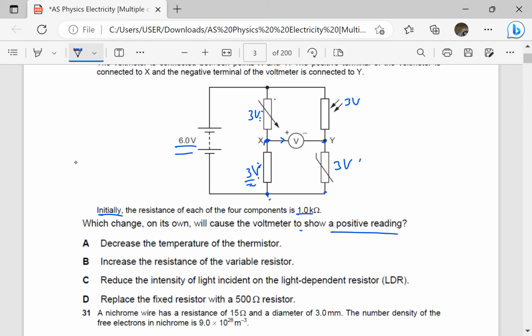That means the potential difference here should decrease. And if the potential difference here is to decrease, the potential difference here should increase. How do I increase PD across this? It is by increasing the resistance there, because this is a light-dependent resistor.